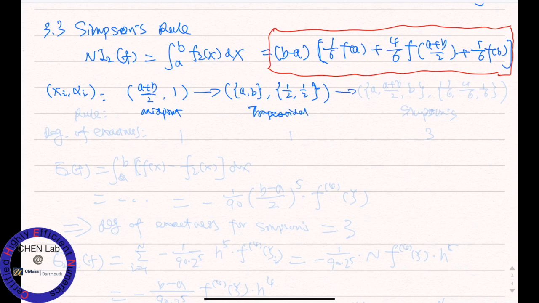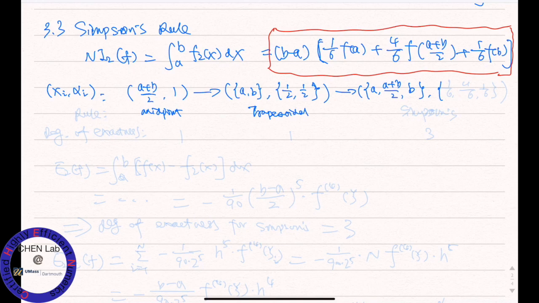Now to Simpson's, the nodes are a, (a plus b) over 2, b, and then the weights. The tricky part is the weights are not 1/3, 1/3, 1/3. In particular, because there's some mathematics going on in the background. If you integrate those guys, you don't get 1/3, 1/3, 1/3.